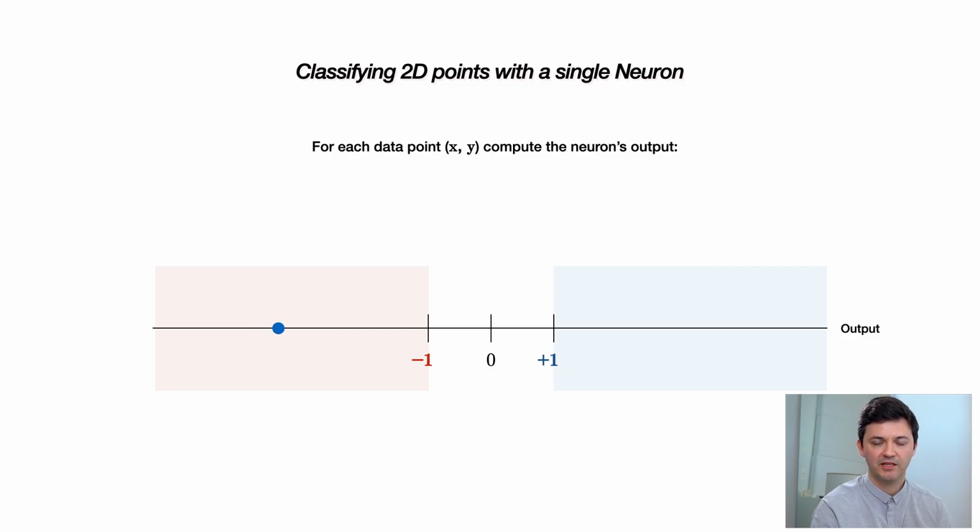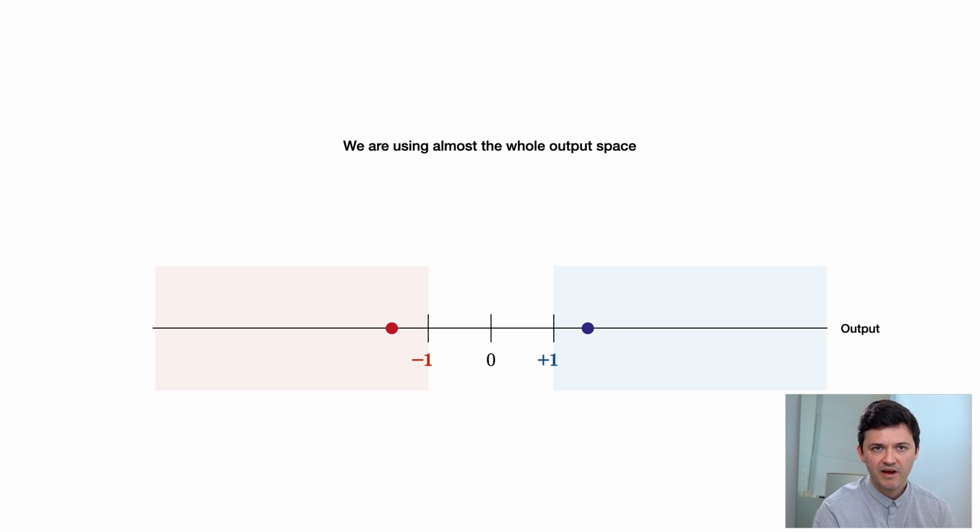On the other side, if we had a blue point which was smaller than +1, we decided that this was a wrong classification and we just pushed it towards a higher value. So we just maximize it. We didn't say how much we should maximize, we just said push it so that it eventually becomes larger than +1. So what does this tell us? Well, in this case, we have very large ranges of correct outputs.